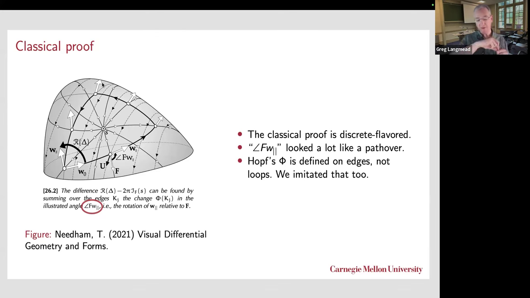He figured out a function, he called it capital phi, on one edge, which we called little sigma. It compared what the vector field did along that edge to just transport along that edge. That totally looked like a path to me. You just crank through it, and you're really recapitulating a very discrete-flavored classical argument.